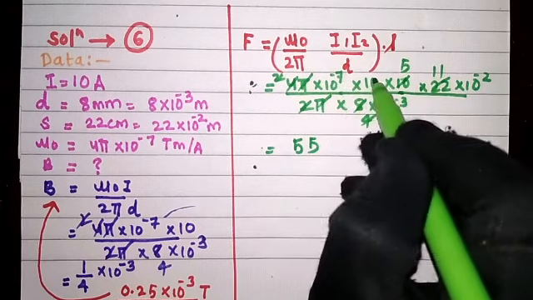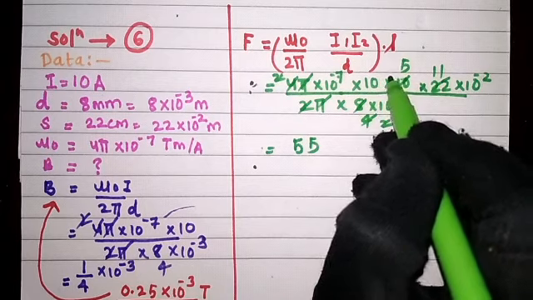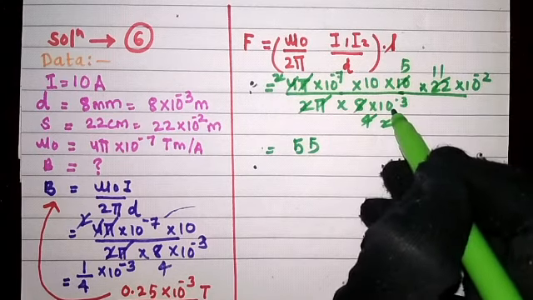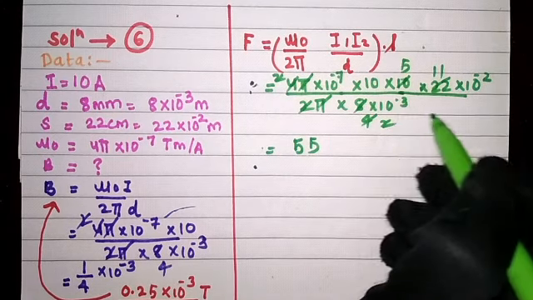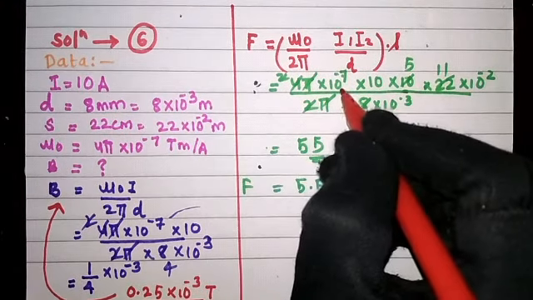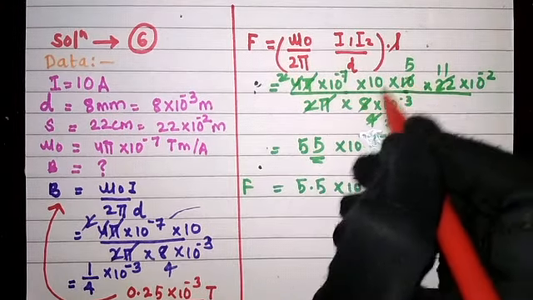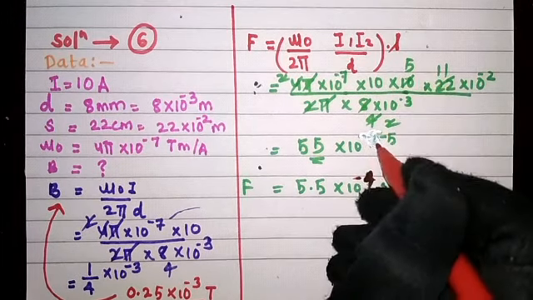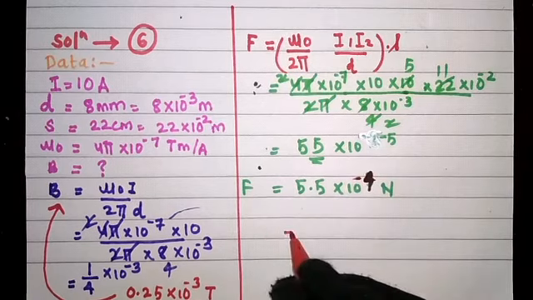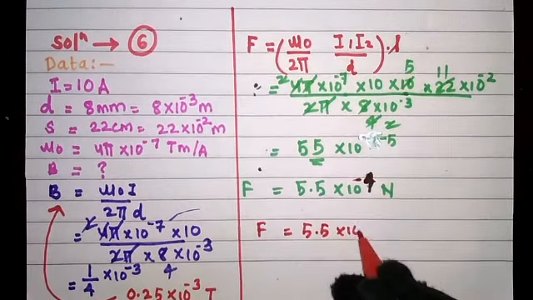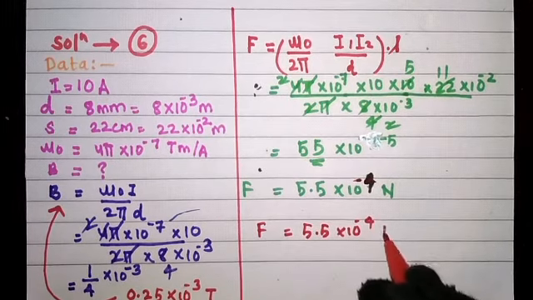So minus 7 plus 1 is minus 6. Then minus 6 and minus 2 is minus 8. Fine. So minus 8, and in the denominator we have minus 3. When it comes to the numerator, it will become plus 3. So 10 raised to minus 8, 10 raised to plus 3, it will be 10 raised to minus 5. So finally we can write that force is nothing but 5.5 into 10 raised to minus 4 Newton.